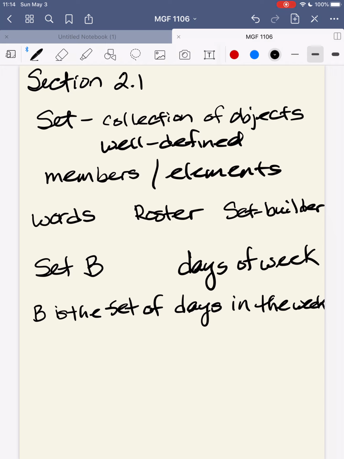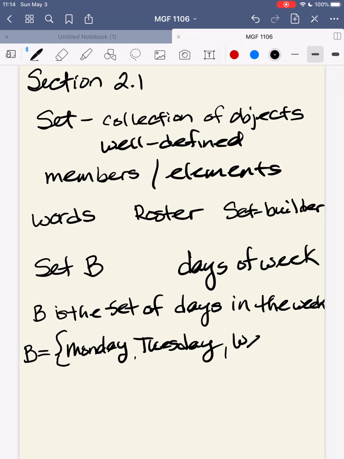I can also write it as something called roster method. What roster method does is it takes our capital letter B, sets it equal to, and then we use braces, and we actually write the days of the week in there. So I would put Monday, Tuesday, Wednesday, and there's no abbreviating, you have to write it out.